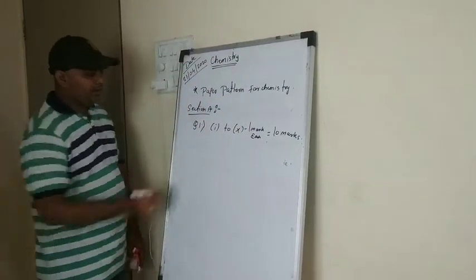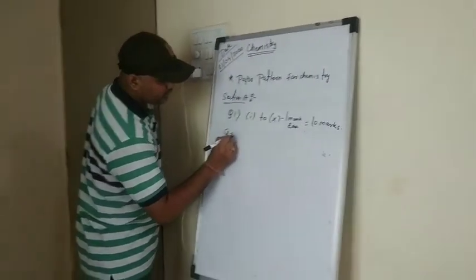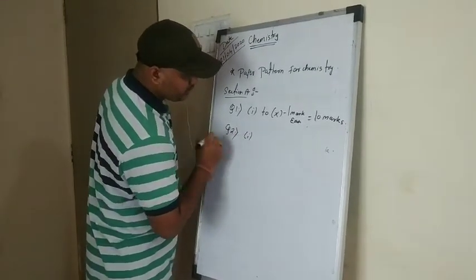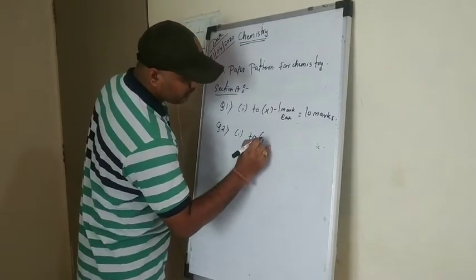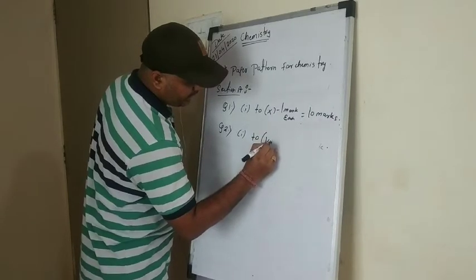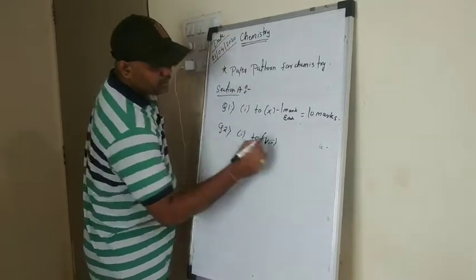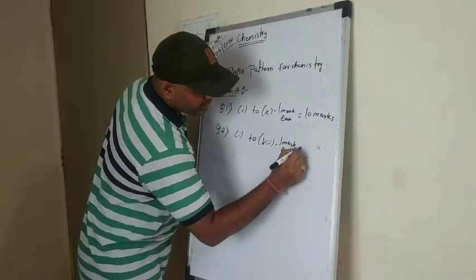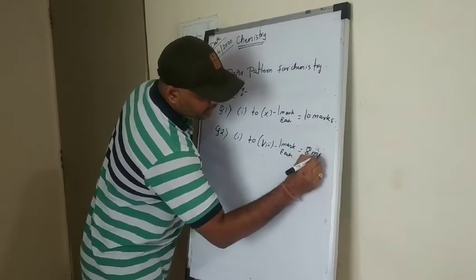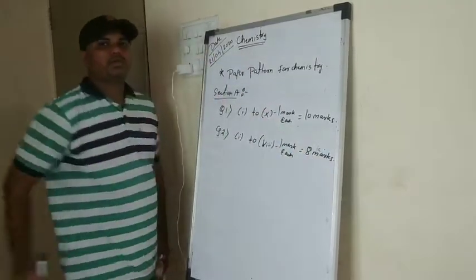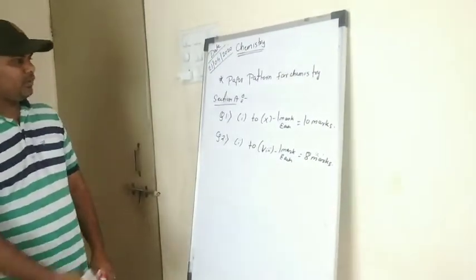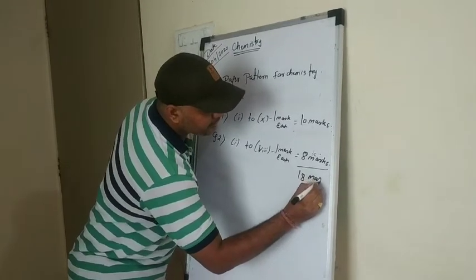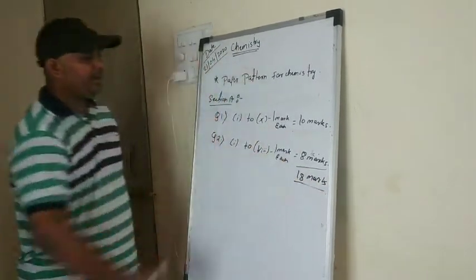Then question number 2 has sub-questions 1 to 8, 1 mark each, which equals 8 marks, right? So I hope you have understood that the total for Section A becomes 18 marks.